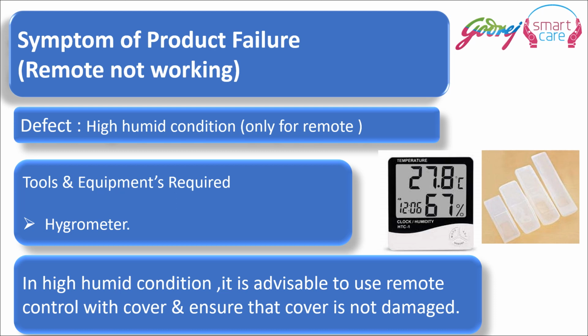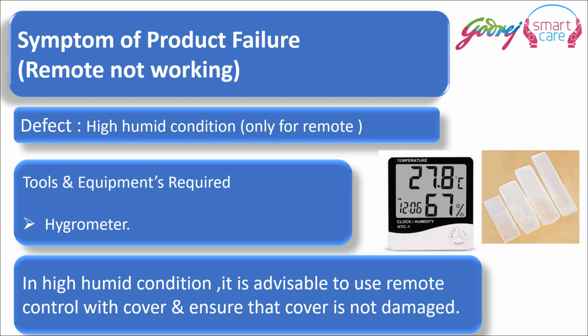And lastly, high humid conditions in the ambient also interfere with the working of the remote, because humidity means moisture, and moisture interferes with electronic circuits in a big way. In very humid or foggy conditions, it is advisable to put the remote control inside a plastic cover, properly shrouded and isolated from the moisture.